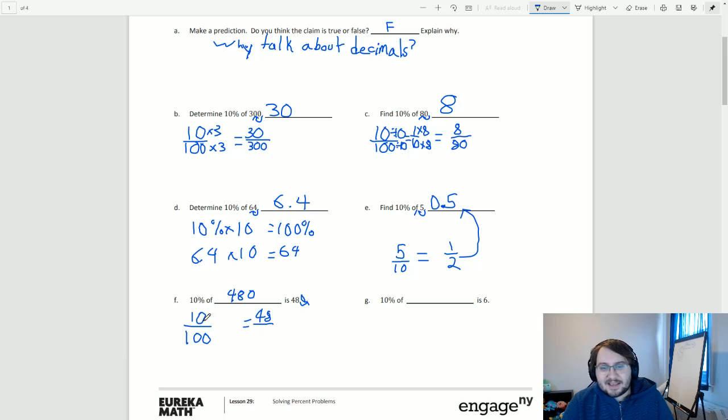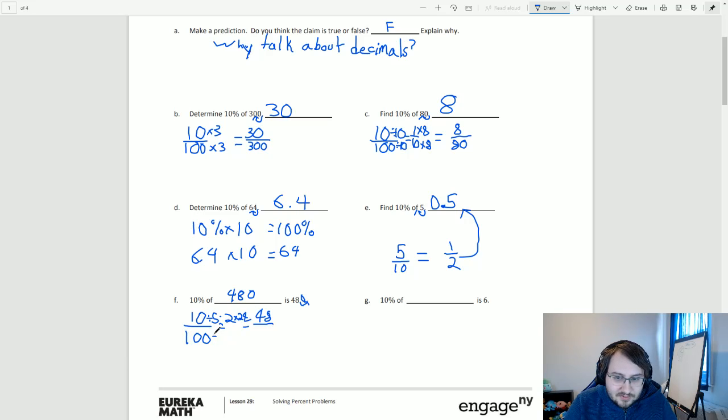Well, obviously, I can't go directly from 10 to 48 without multiplying by decimals, and I don't want to do that. So first, I'm going to divide it by 5 so that I can get 2. And then my 2 times 24 will give me my 48.